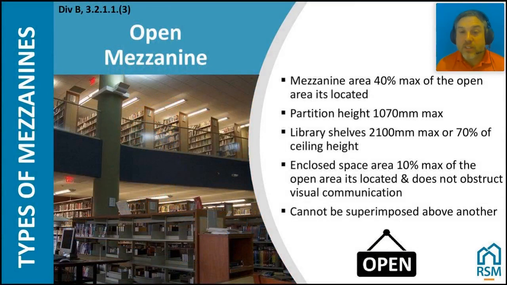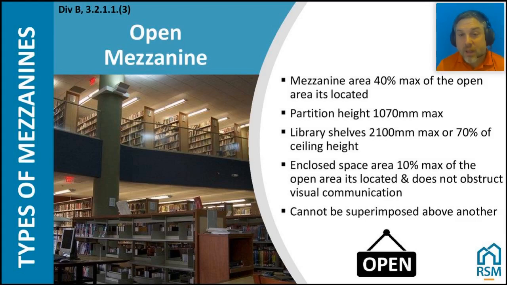Now, an open mezzanine. A lot of us have dealt with open mezzanines. And of course, there's a 40% maximum of the open area in which it is located. You can have partitions, but they can only be the height of a guard, and that's 1,070. Library shelves, if you've got a library, there are certain specifics on those.